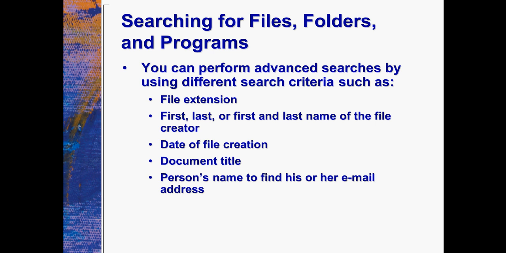You can perform advanced searches using different search criteria such as file extension, first, last, or first and last name of the file creator, the date of the file creation, the document title, or a person's name to find his or her email address.